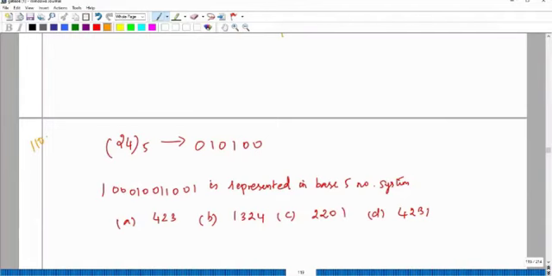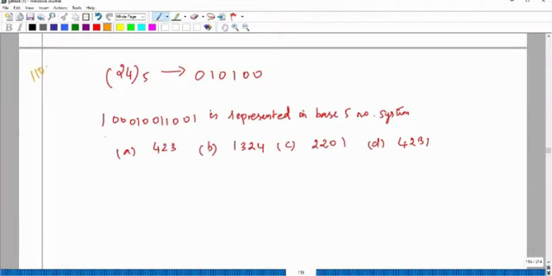Next, number systems. In the number systems, usually you have 4 types. One is binary, next one is decimal, another one is hexadecimal, another one is octal.